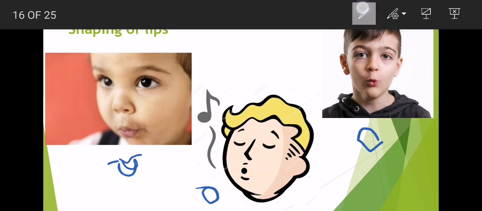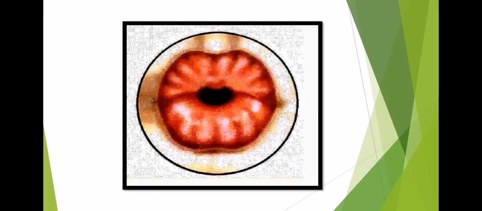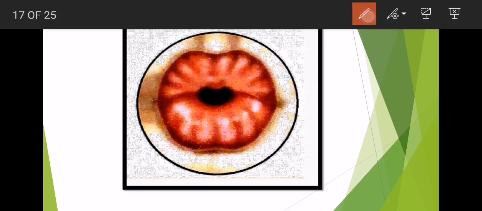But what we need here is not any of these 3 circlings. We need this kind of circling. What is the speciality of this kind of circling? See, both the ends of the lips are joined, and see the width of the lips.